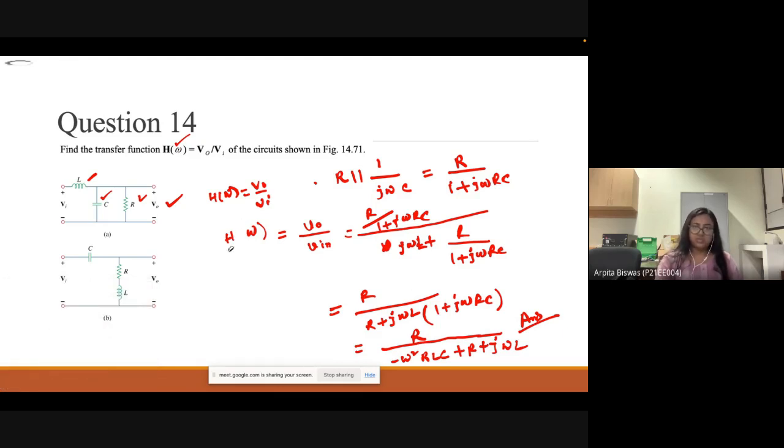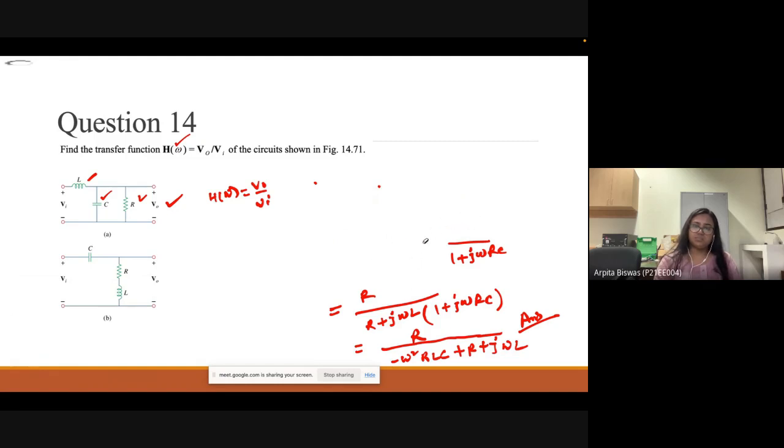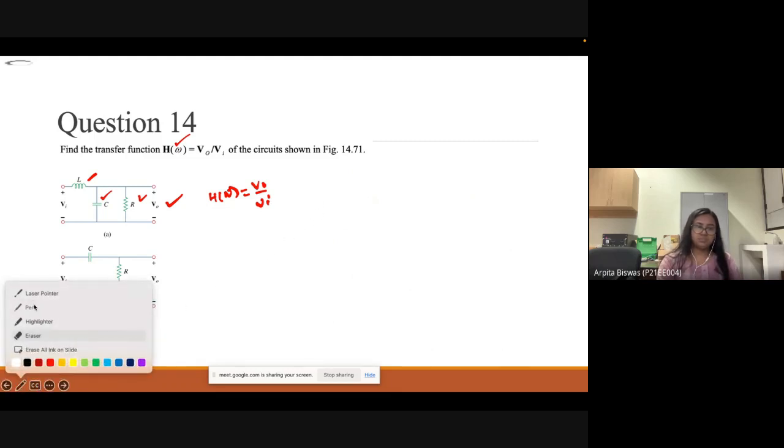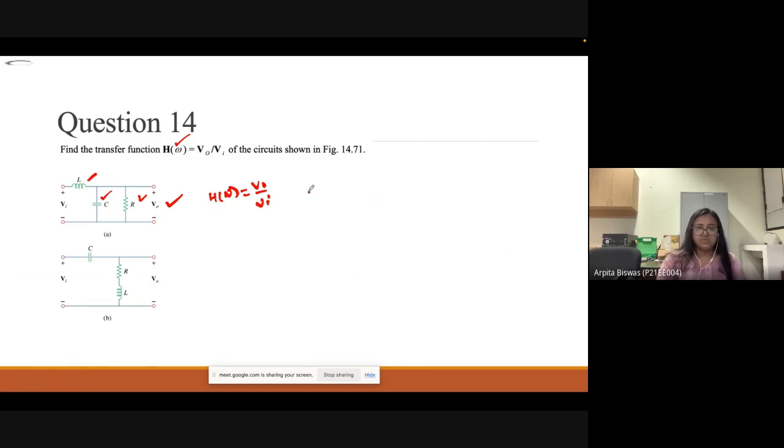Now we are going to solve the second case. So how to find out H omega equal to R plus j omega L, because there is an inductance.